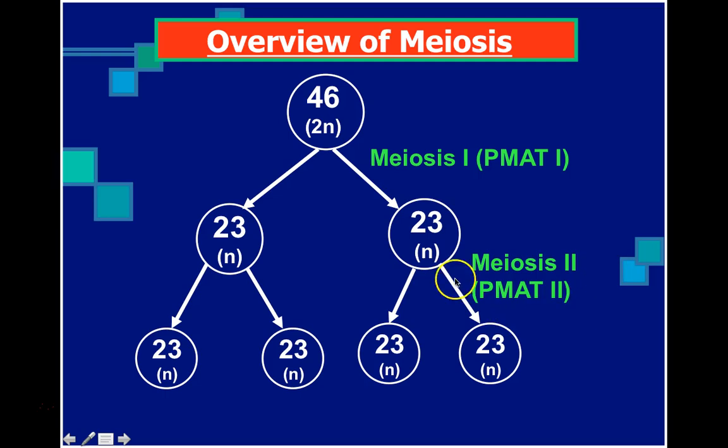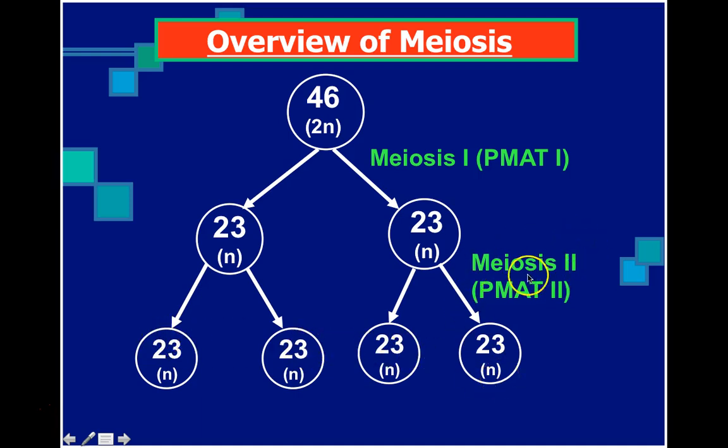So the goal of meiosis II is not to reduce the chromosomes, because we've already done that in meiosis I. The result in meiosis II is just to form more of them. So instead of having 2 haploid cells, we now have 4.